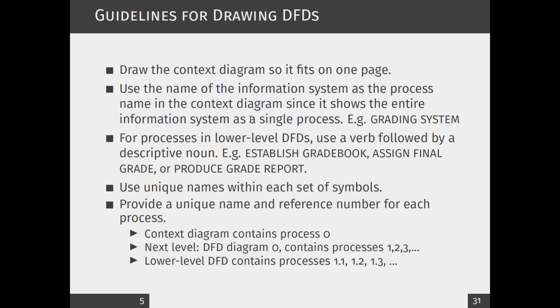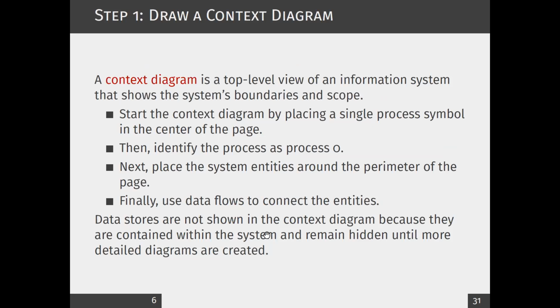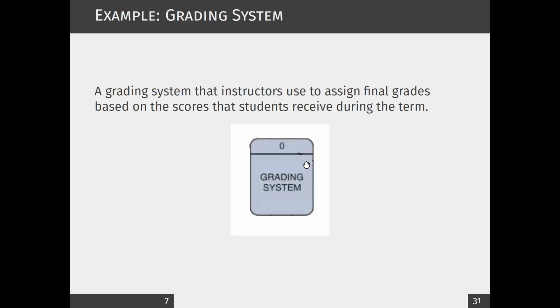Once you do that, we will create one single process. As I told you earlier, a process will be represented like this, and in the middle of it we put our system name. The previous example I have taken is a library information system, so you can say, okay, library information system.